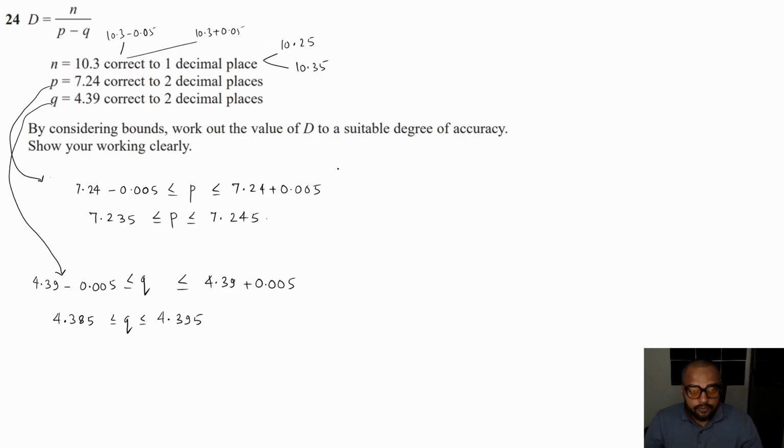Work out the value of d to find the suitable degree of accuracy. Here d is given by n by p minus q. We are calculating the maximum possible value of d.